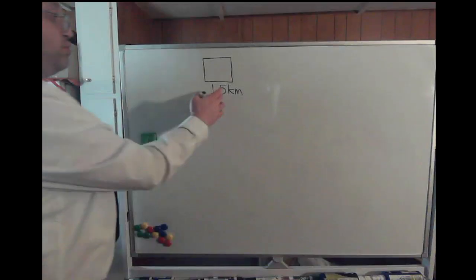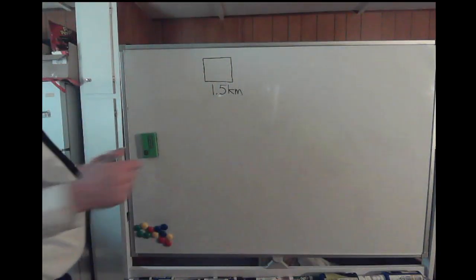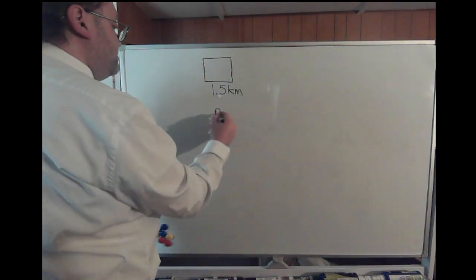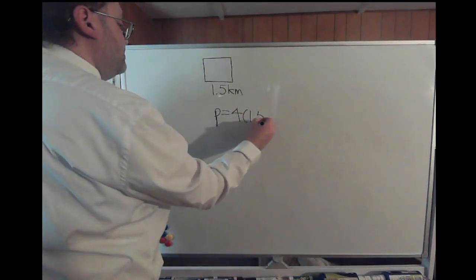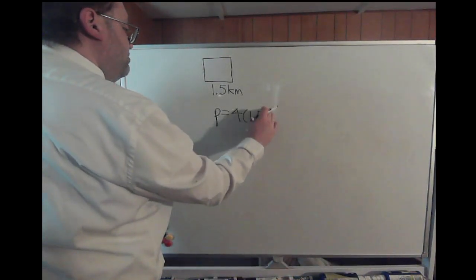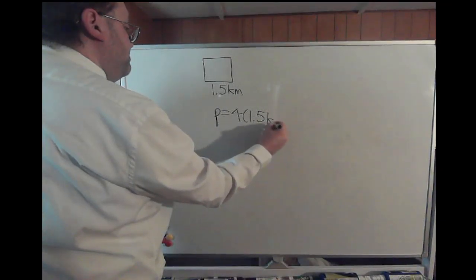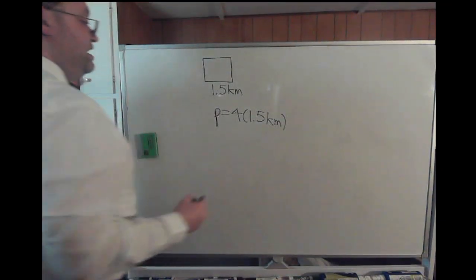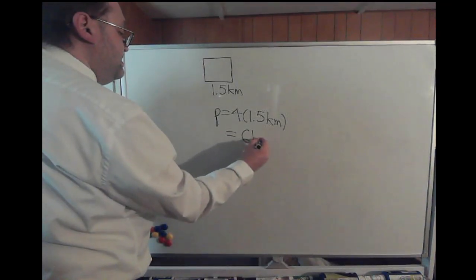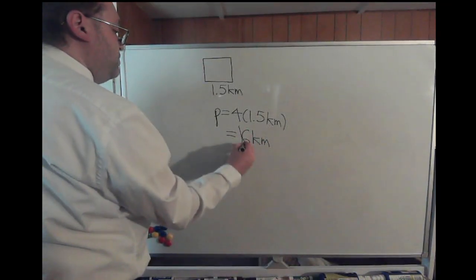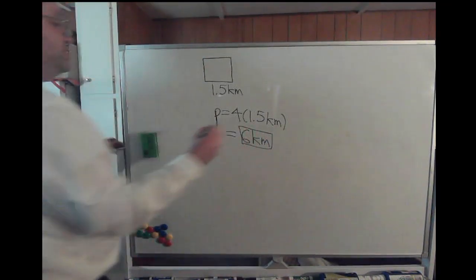So we have 1.5 kilometers for the length of this square. We can use the perimeter formula of 4 times 1.5 kilometers. Whoops, we got to have the units. That's very important. So 4 times 1.5 is just 6. The perimeter of this square would be 6 kilometers.